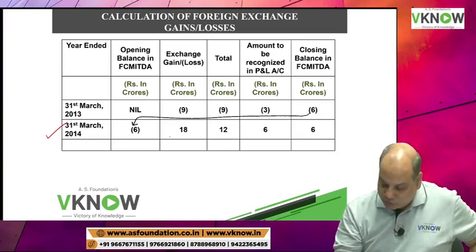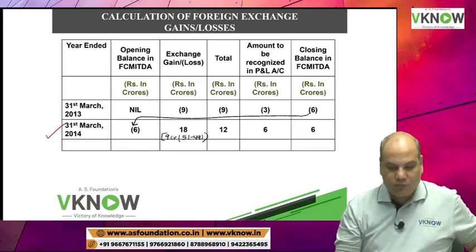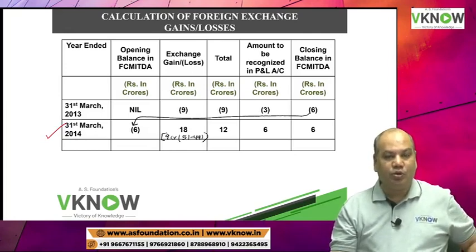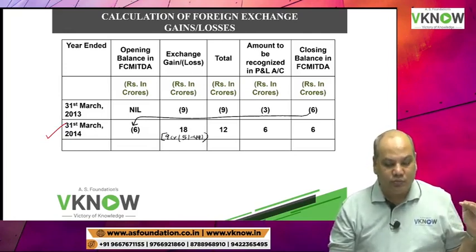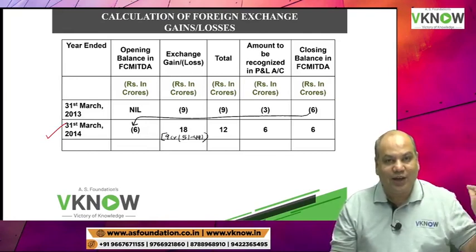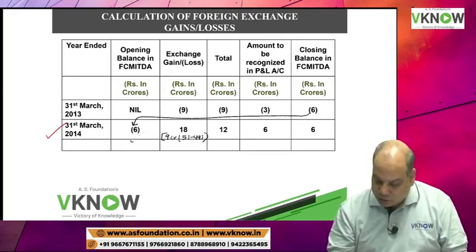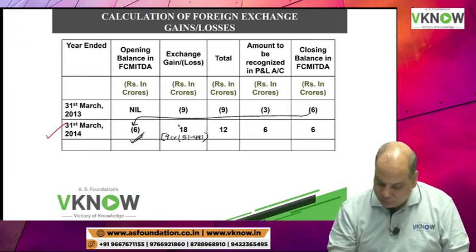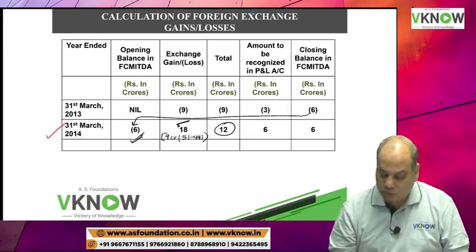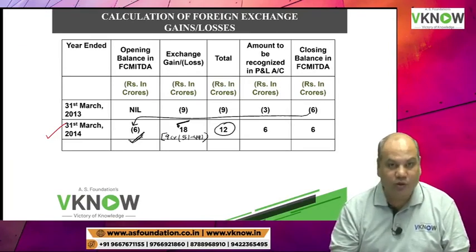So my calculation will be 9 crore into 51 minus 49. You will gain by 18 crore because exchange rate has gone down. So you have to pay less amount now. 18 crore gain. So take the total: minus 6 plus 18 is 12.